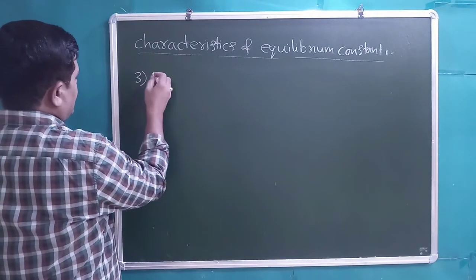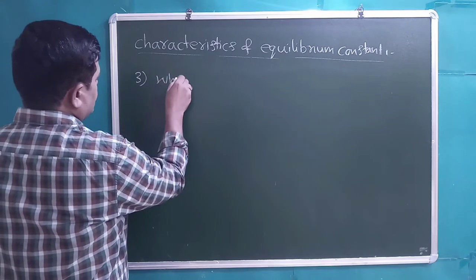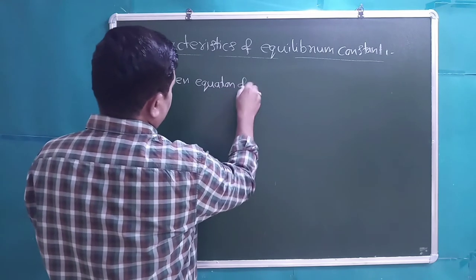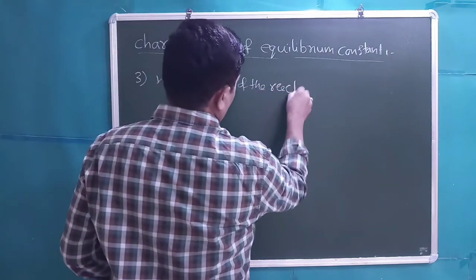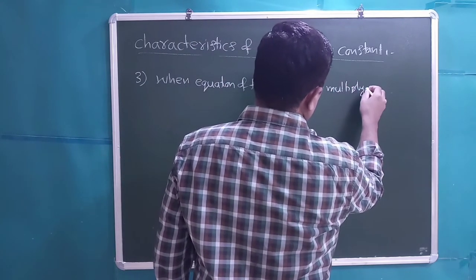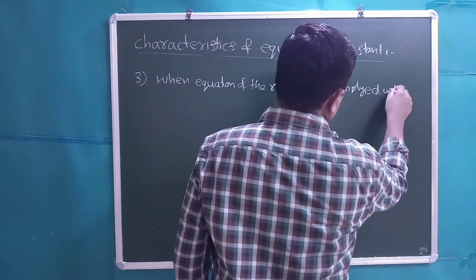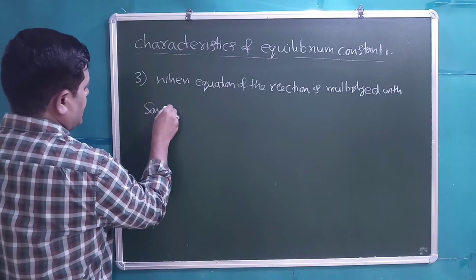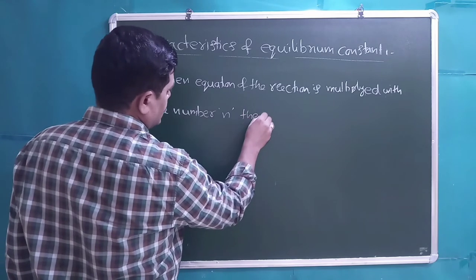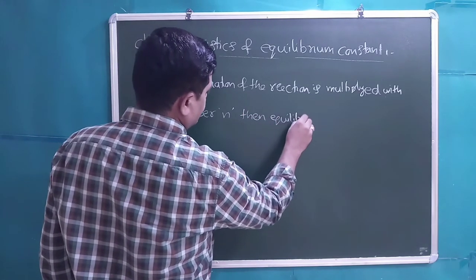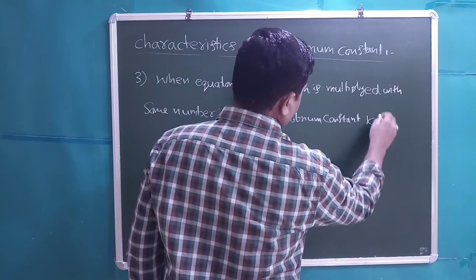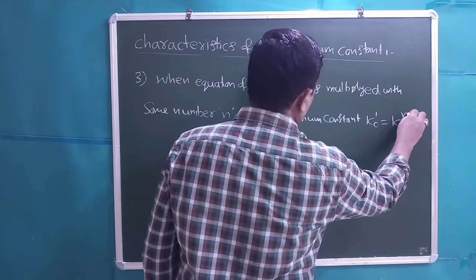Students, the third characteristic is, when the equation of the reaction is multiplied by some number n, then the new equilibrium constant Kc dash is equal to Kc power n.